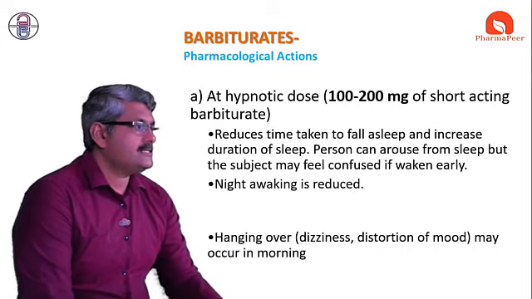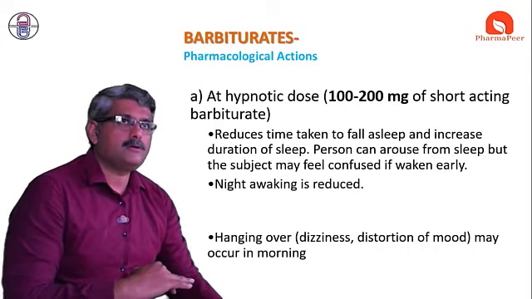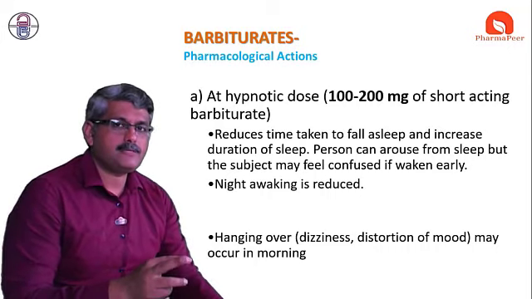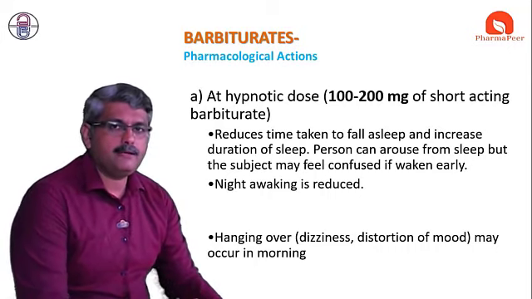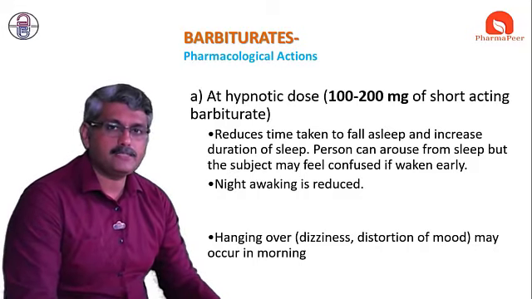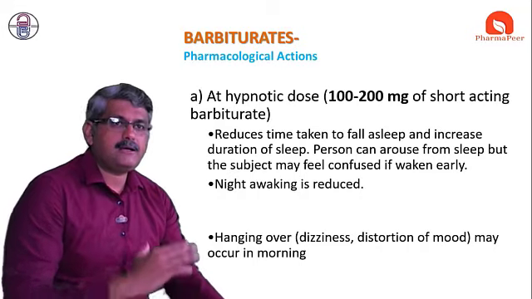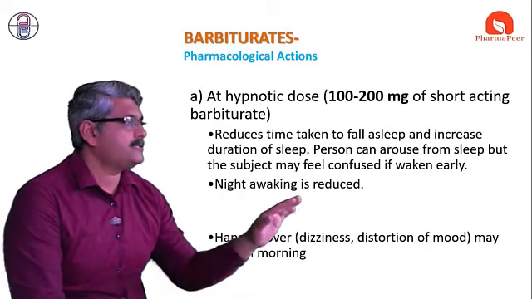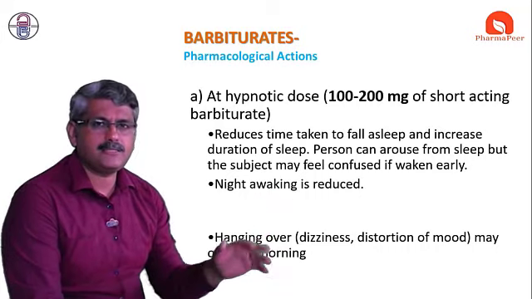Next, night awakening is reduced because of the sleep cycle. Sometimes the sleep cycle gets disturbed, and in the middle of the night we wake up and it is very difficult to get sleep again. Many patients suffer from this condition because of a number of reasons like anxiety.